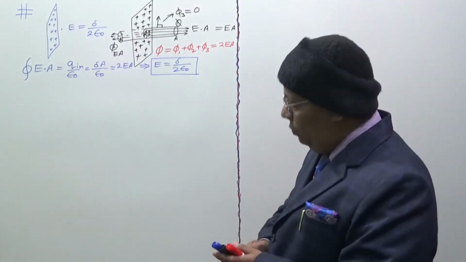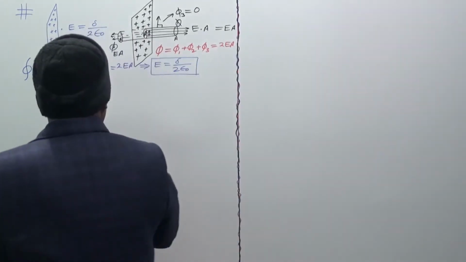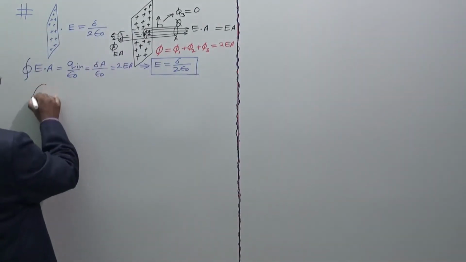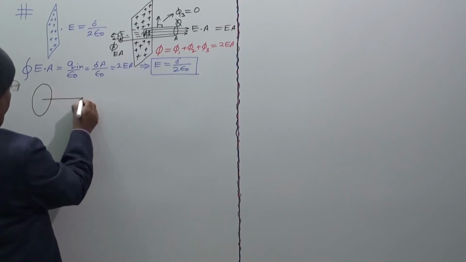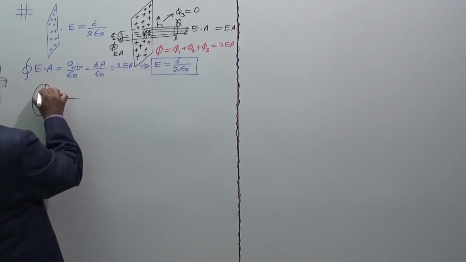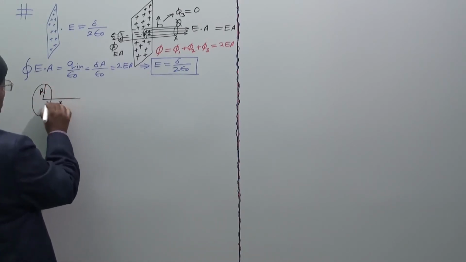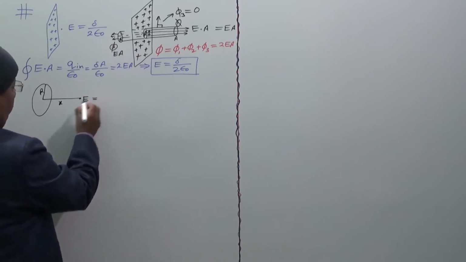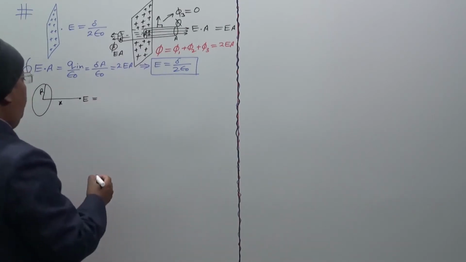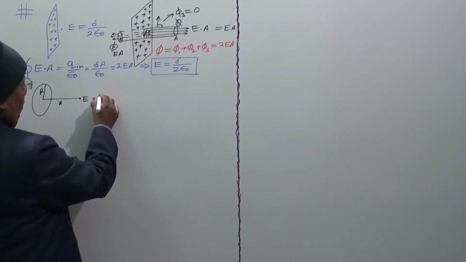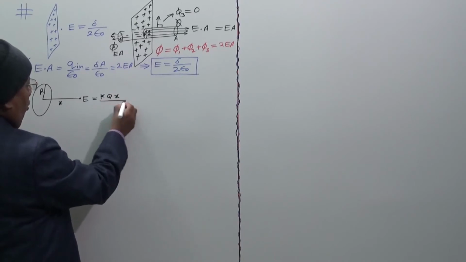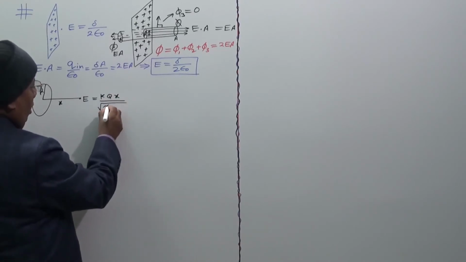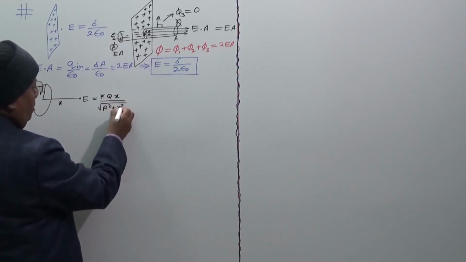Now, the electric field due to a ring which has radius r, along the axis at this point, electric field will be equal to K Q X upon under root R square plus X square.